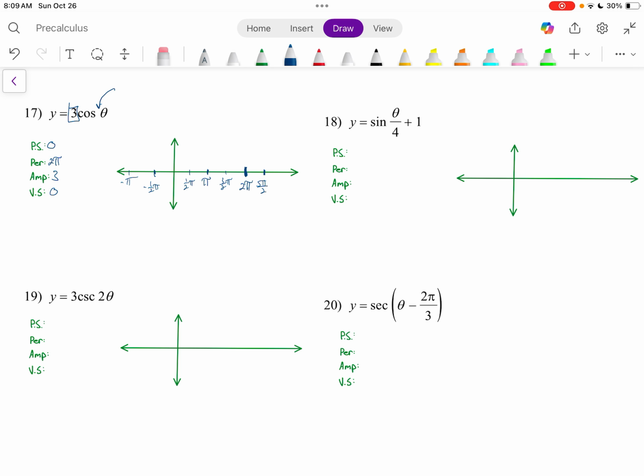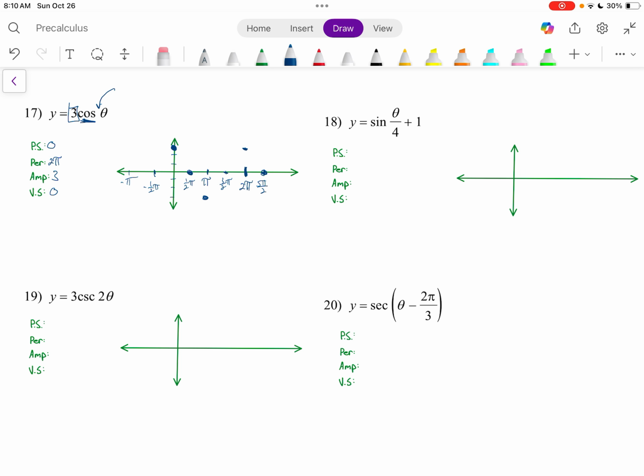Our amplitude is 3. So we need to go up to 3 and down to negative 3. We're graphing cosine here, so cosine starts up, kind of at our starting place, up at 3, down to 0, down to negative 3, back up to 0, back to positive 3, down to 0.